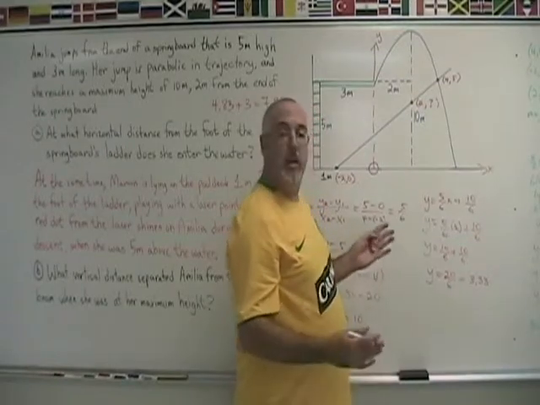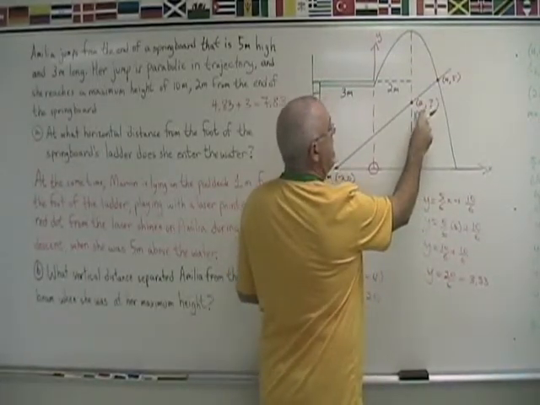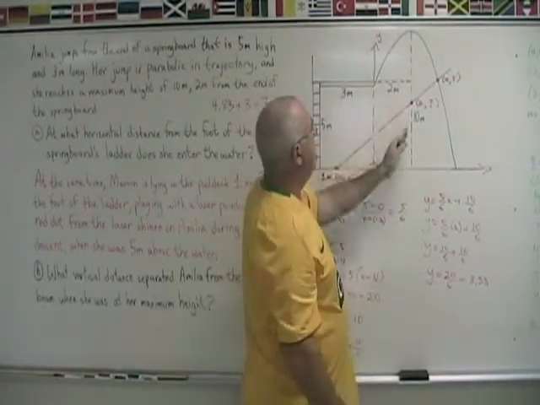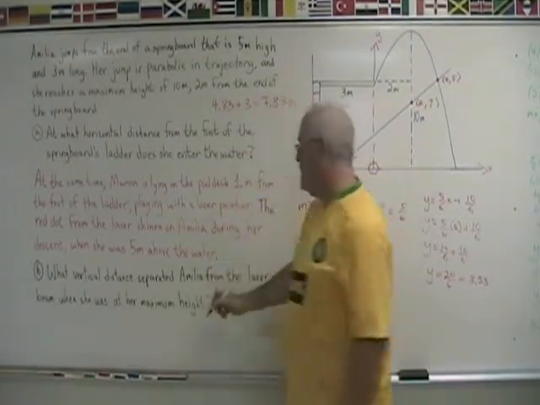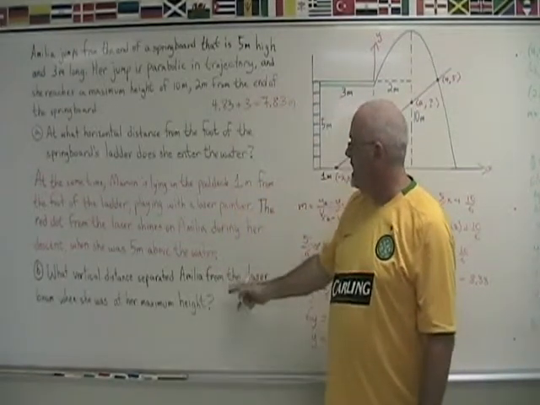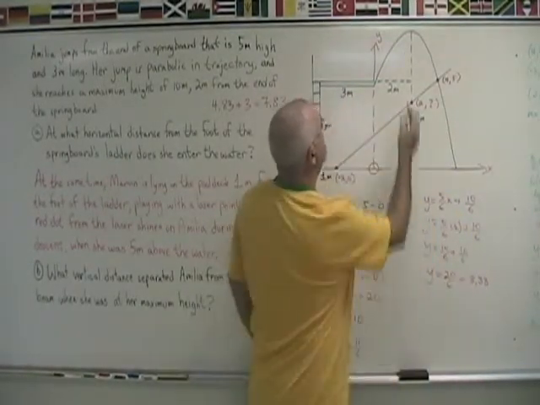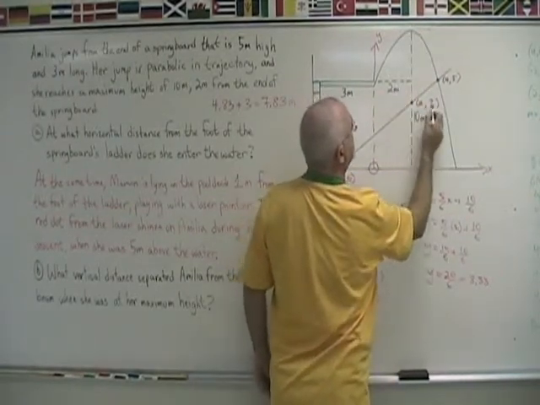But I am not finished answering my question. We know the coordinates now of this point that is directly below the vertex of the parabola and on the straight line. But the question was asking us what vertical distance separated Amelia from the laser beam when she was at her maximum height. What we need to know is the distance between the vertex and this point.